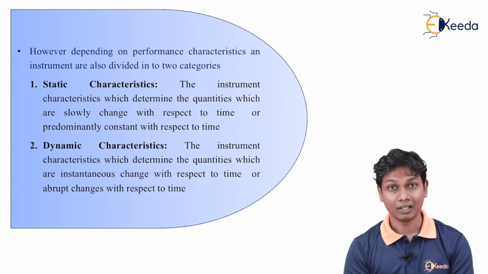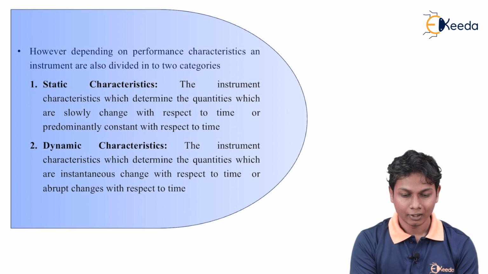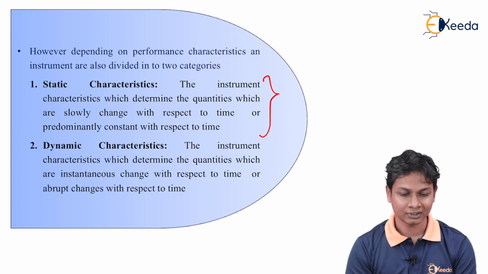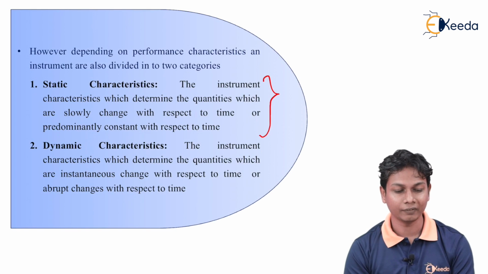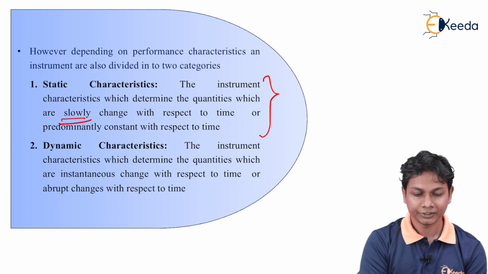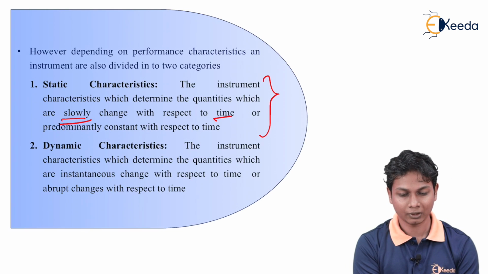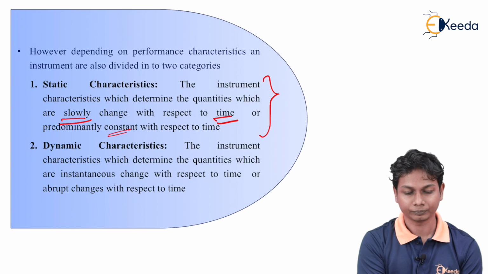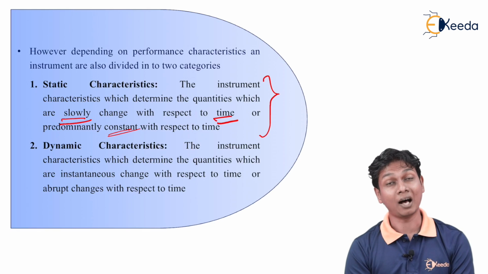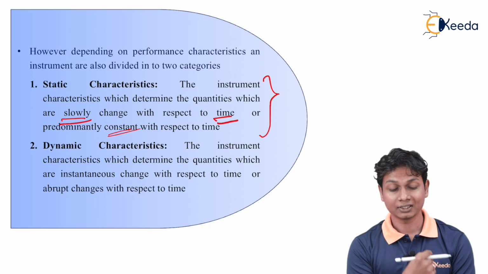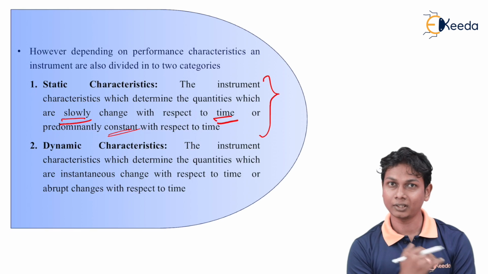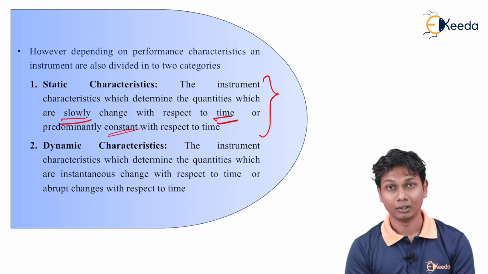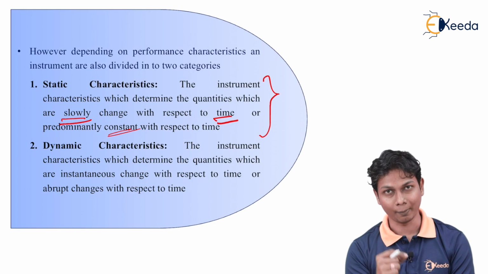So we'll see the definition of static characteristics: the instrument characteristics which determine the quantity that slowly changes with respect to time or is predominantly constant with respect to time. So there are sensors whose sensing value is constant with respect to time, or changes slowly.